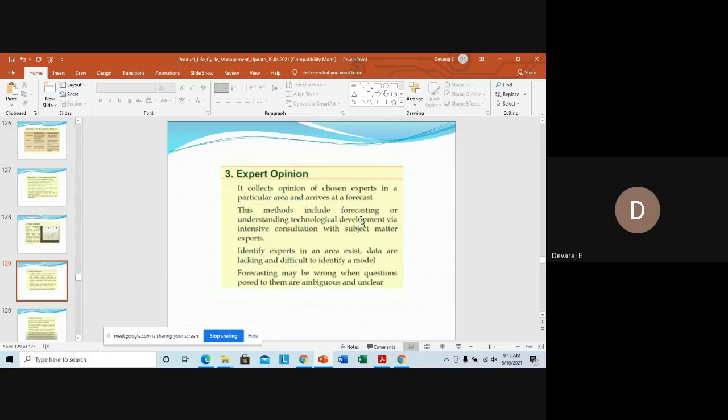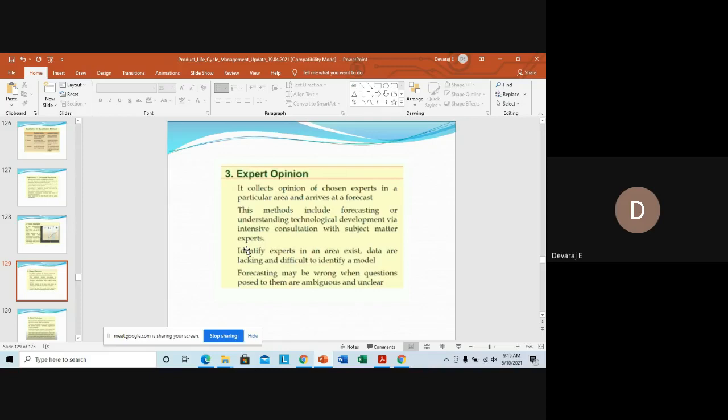This method includes forecasting and understanding technological development via intensive consultation with the subject matter expert. Be careful: subject matter indicates the individual department. For all the departments there will be an expert, throughout the world. I'm not talking about this state only.